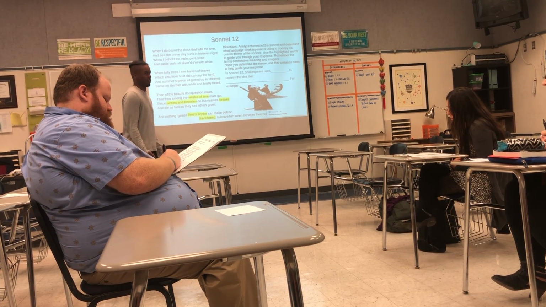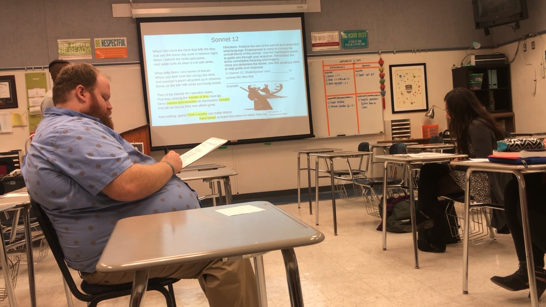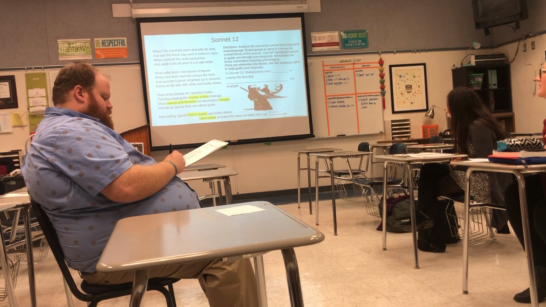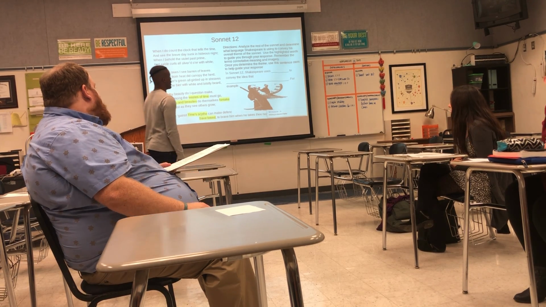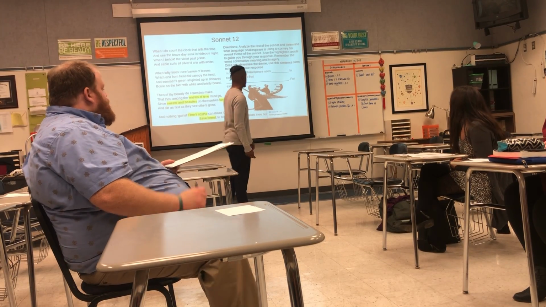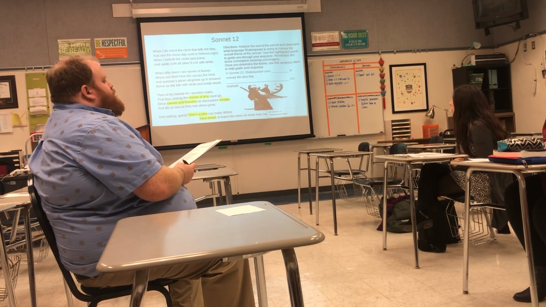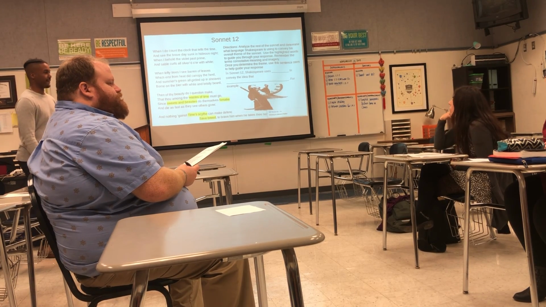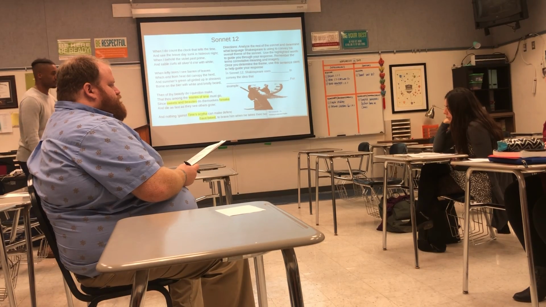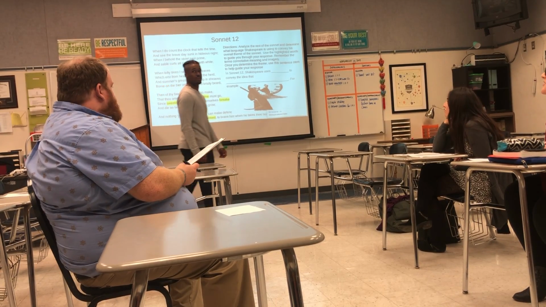In Sonnet 12, Shakespeare uses imagery to convey the idea that we're all going to die. That's a good idea, but no. It's a little bleak. But why are we going to die? What factor is playing into that? Everything's dying, your time to die.